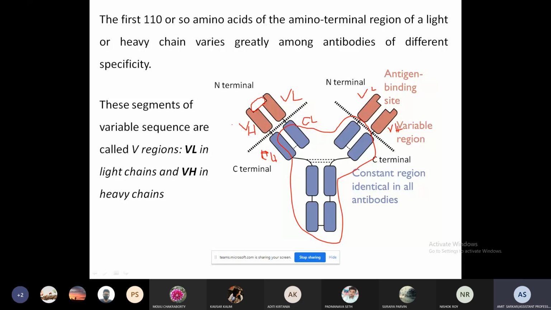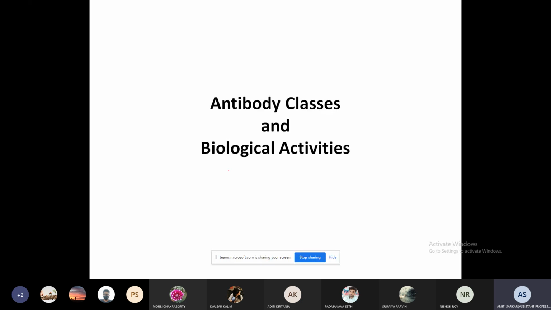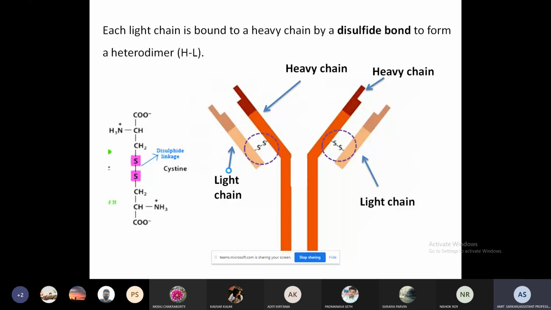Variable region and constant region. So what is the difference? The only difference is that this region, the first 110 amino acids, varies from one antibody to another antibody, but the remaining portion, which is known as the constant region, does not vary from one to another. So whatever I mentioned is mentioned over here. Look into the basic structure of the antibody once again.